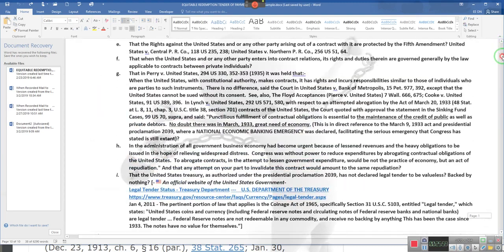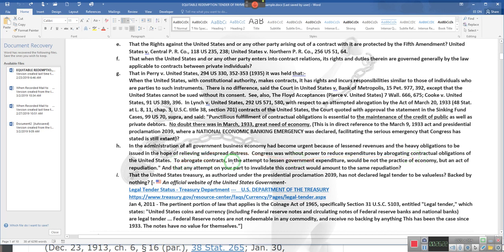If you want to add another proof of claim, okay, like this says, proof of claim that in the administration of all government business, economy had become urgent because of the lessening revenues and the heavy obligations to be issued in the hopes of relieving widespread distress. Congress was without the power to reduce expenditures by abrogating contractual obligations of the United States.